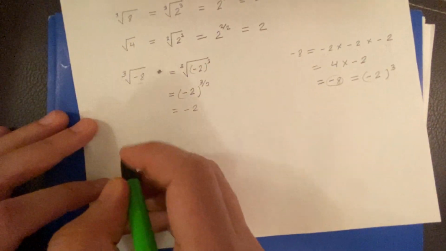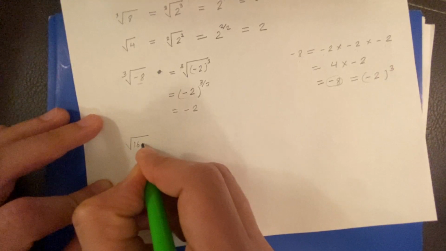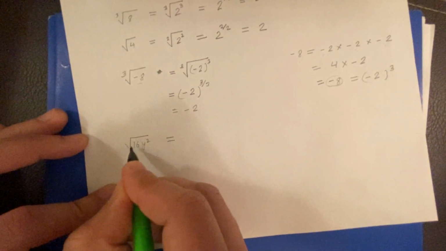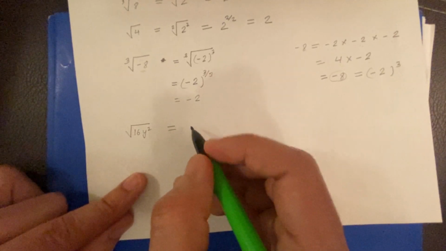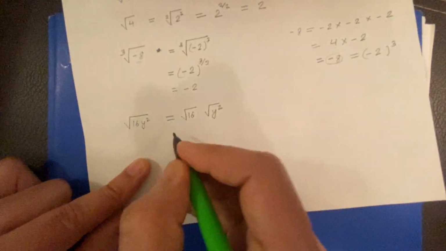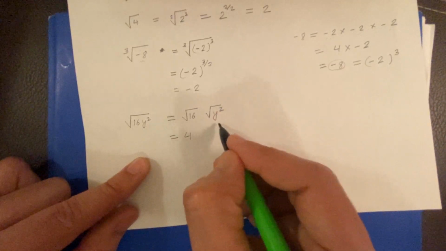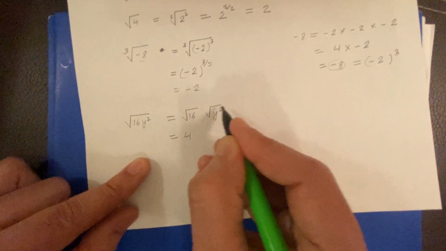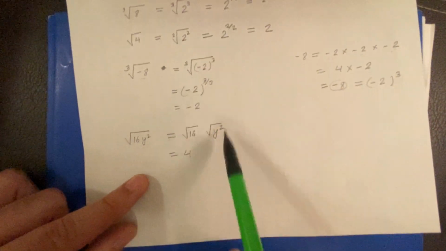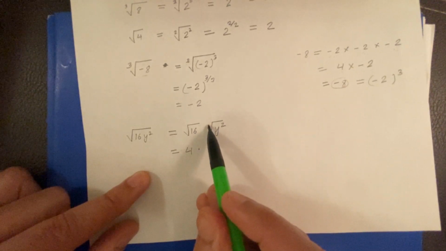All right. So now, if this is the case, what about, let's say, the square root of 16 times y to the power 2? Again, this whole thing is inside this root, so in this case, we can split this into 2 parts: square root of 16 times square root of y squared. The square root of 16 is 4. For the square root of y squared, if we use the idea I showed here, even though we don't see anything, the index is always 2.